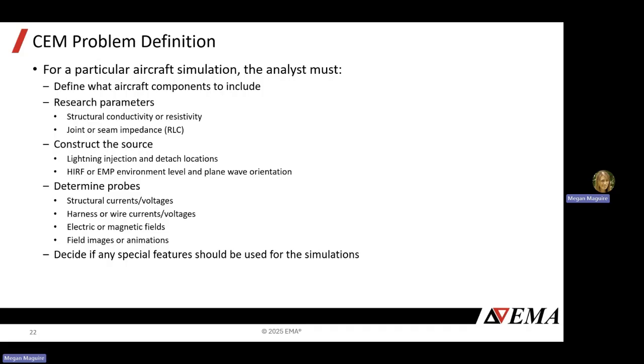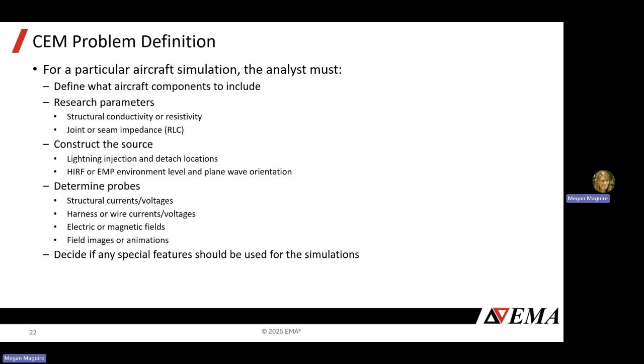And for most analyses, you'll want to have several of these, because you have multiple zone 1A areas for an aircraft, you want to look at multiple different scenarios of attach and detach. For HERF and EMP, you'll want to select the environment level, or you may be going with the general one and looking at transfer functions. But you also want to select a plane wave orientation and polarization. And for these, you'll want to do several different illuminations.